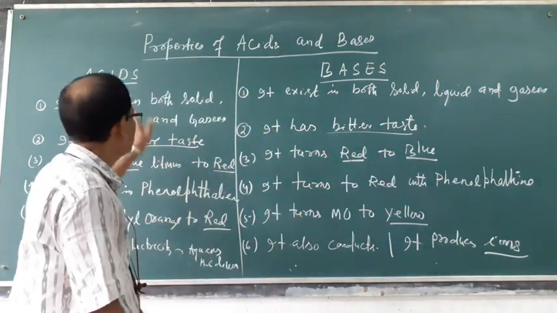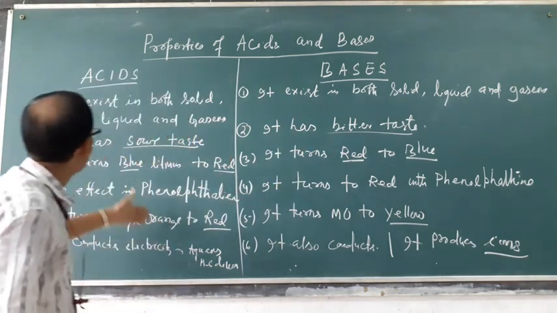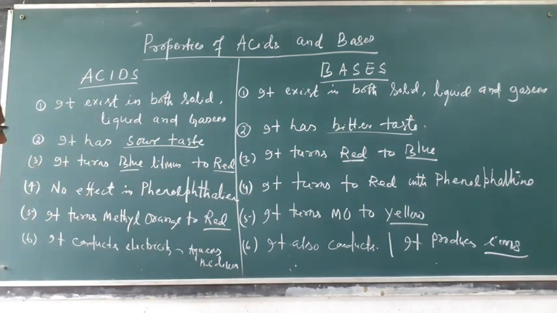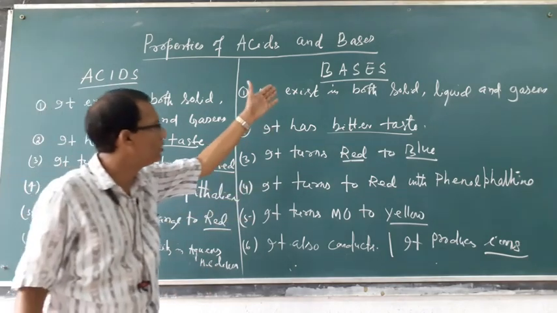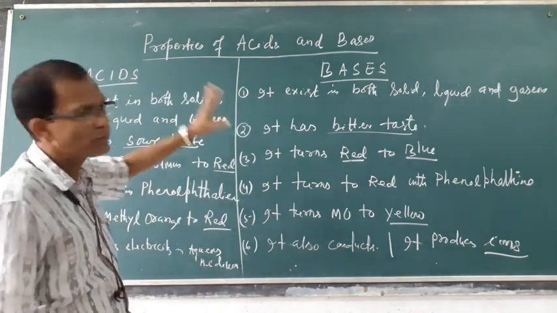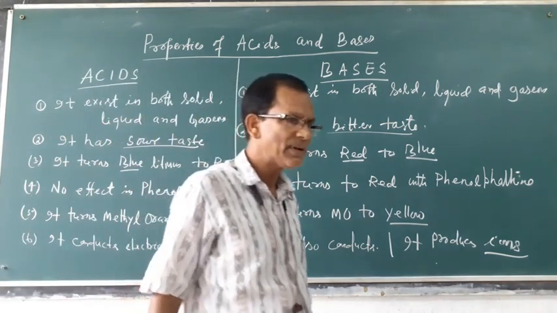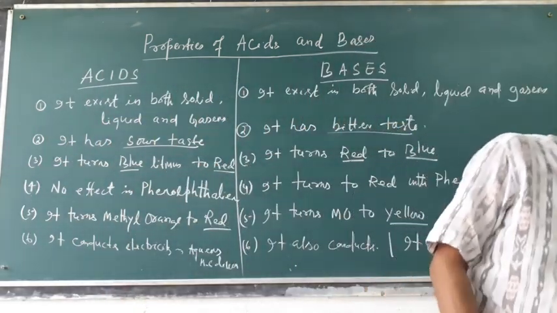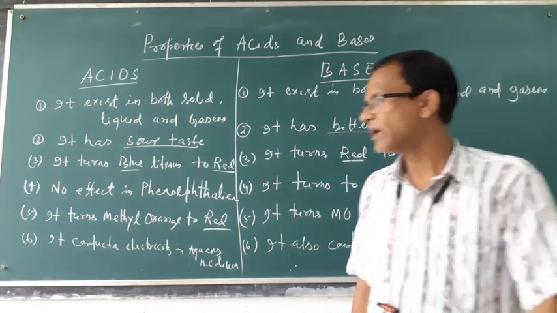That's why they differ in properties, and all acids have common properties and all bases have common properties. So basing on these properties, acids and bases can be defined in different ways.